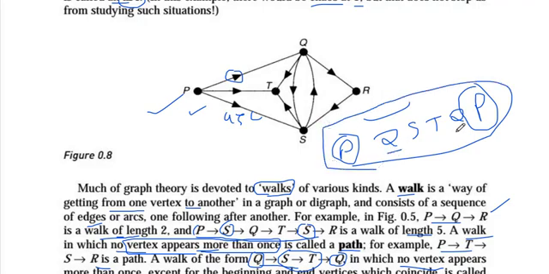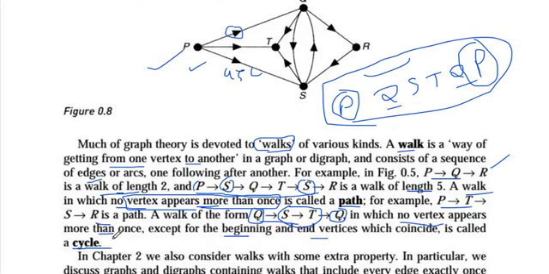Why? Because we have got to Q two times. So in a cycle there are two conditions: the beginning and ending vertices are the same and no vertex appears more than once. Then it's called a cycle. So: walk, path and cycle.